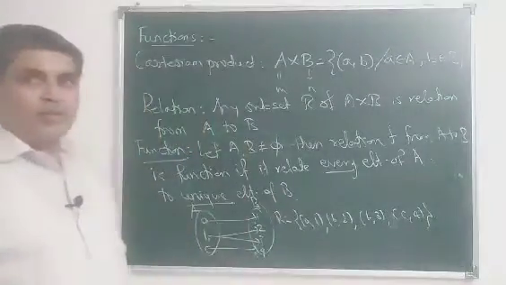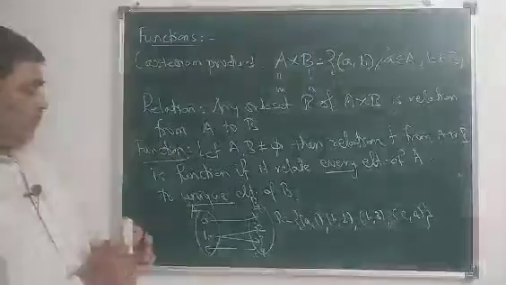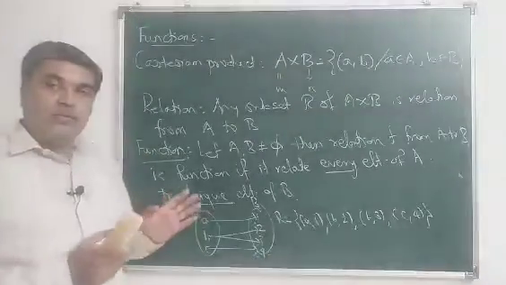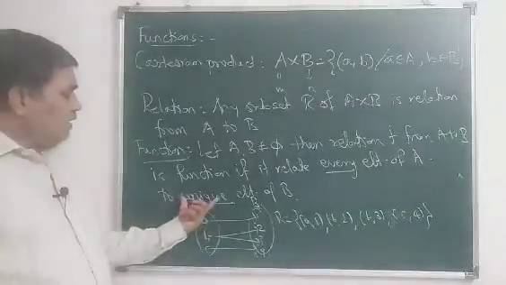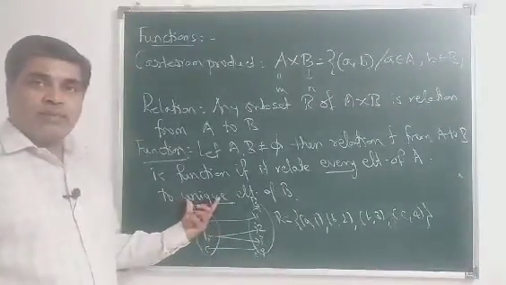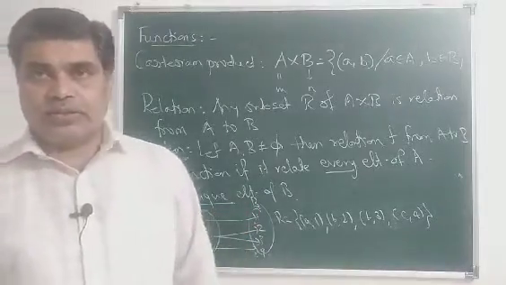Every element is related to some element in B, no problem about that, but there is one element which is related to two different elements. That's why we are getting a contradiction to this condition. Therefore, this relation is not a function.